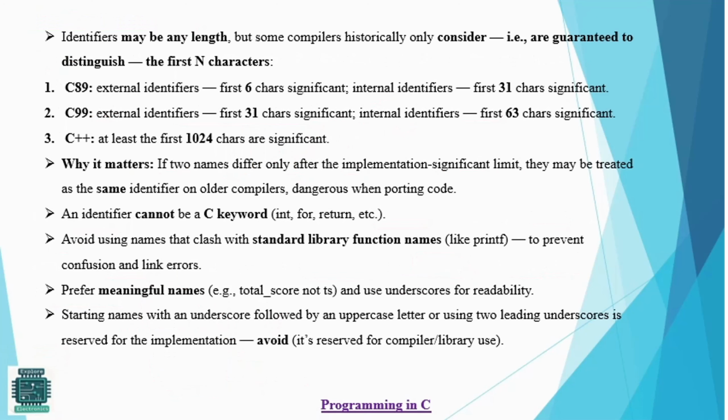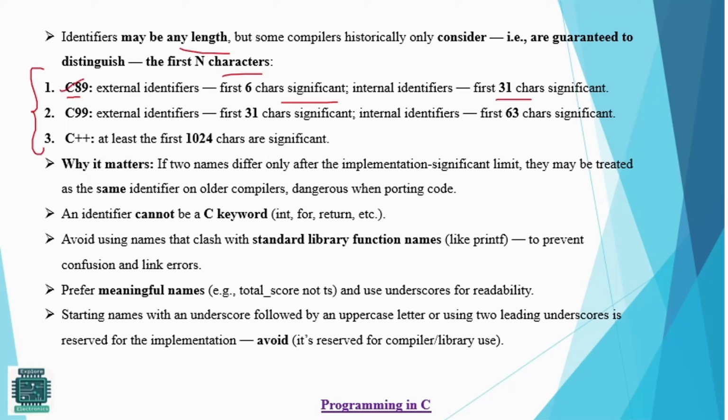Now, identifiers may be any length, but compilers are historically guaranteed to distinguish only the first few characters. You can see here in the C89 version, external identifiers were 6 characters significant and internal identifiers 31 characters.